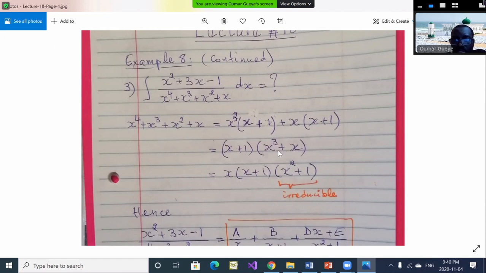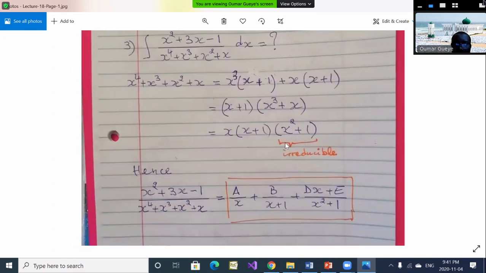And the x that I took is right here, from the second bracket. Now I have one linear factor, which is not repeated, a second linear factor, not repeated too. And the last factor is a quadratic factor, and it's irreducible because we cannot simplify it. And now we're ready to get the partial fractions decomposition.